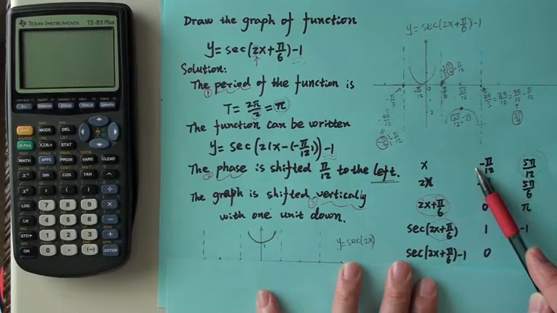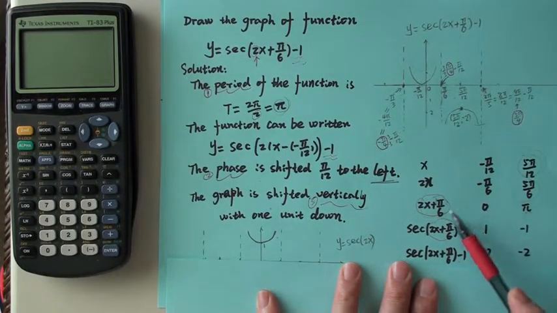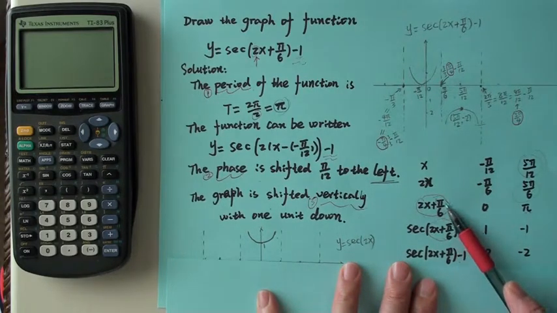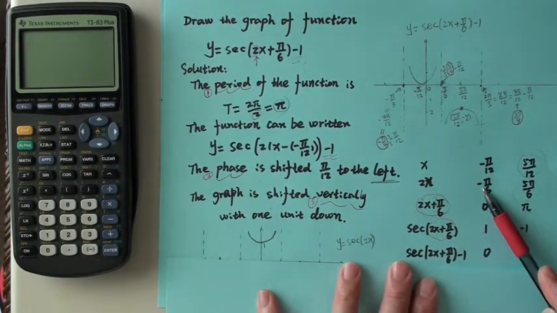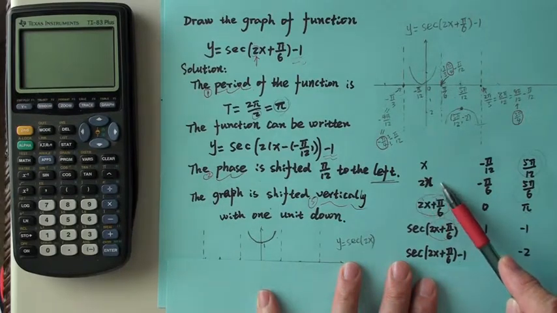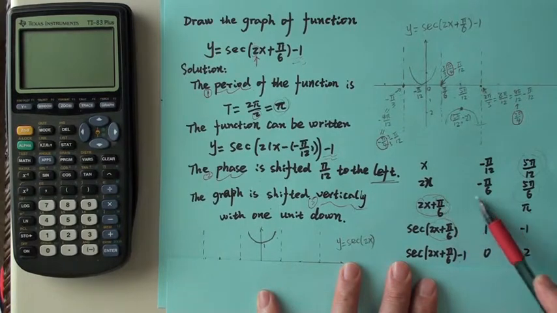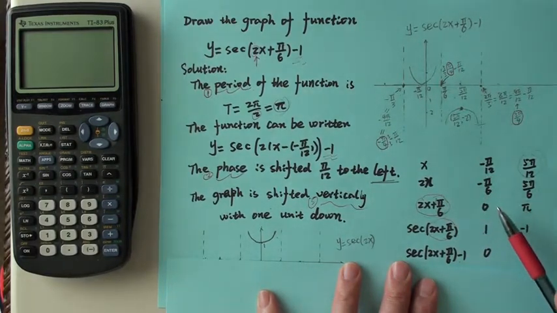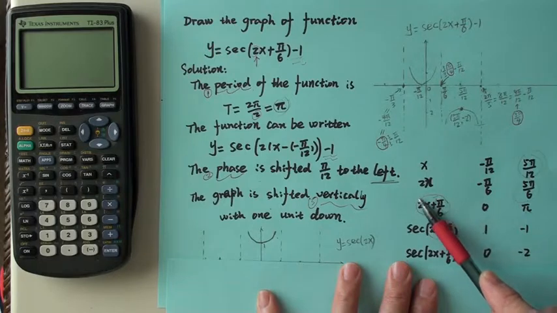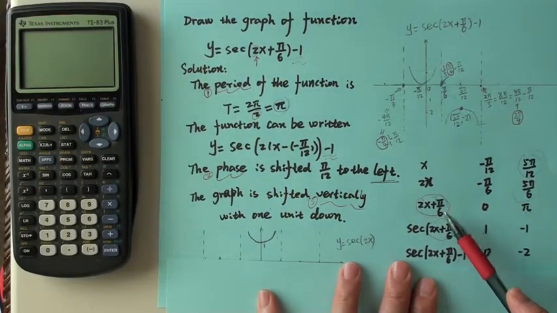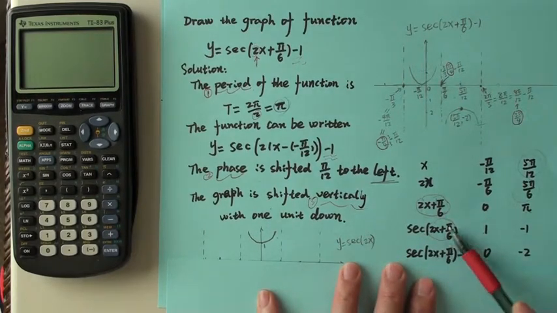Then 2x plus pi over 6 is pi over 6 plus negative pi over 6, which cancel each other, and you have 0. So the bigger quantity 2x plus pi over 6 is 0, and secant 0 is 1.